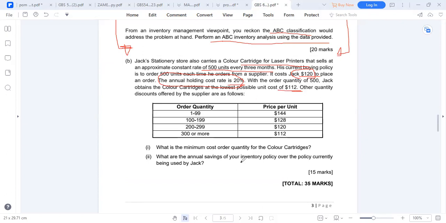So what annual savings will there be if they use the current ordering? He currently buys at 500 units. So that is our Q as for now.